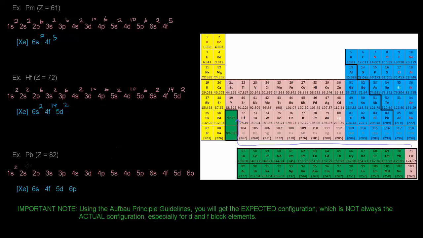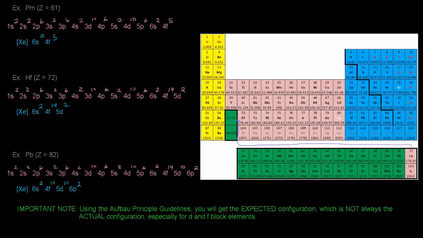So 1s2, 2s2, 2p6, 3s2, 3p6, 4s2, 3d10, 4p6, 5s2, 4d10, 5p6, 6s2, 4f14, 5d10. Then how many are in the p? Well, there's Tl and then Pb, so that's 2. So we've got everything up through xenon, and then 6s2, 4f14, 5d10, and 6p2. That's the electron configuration of lead.